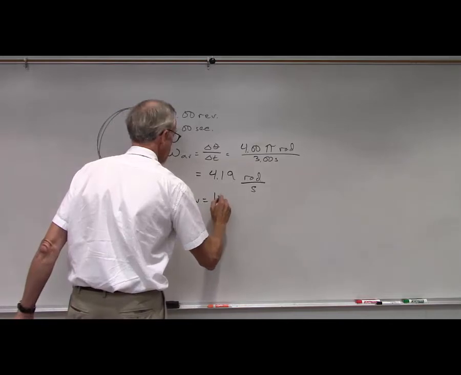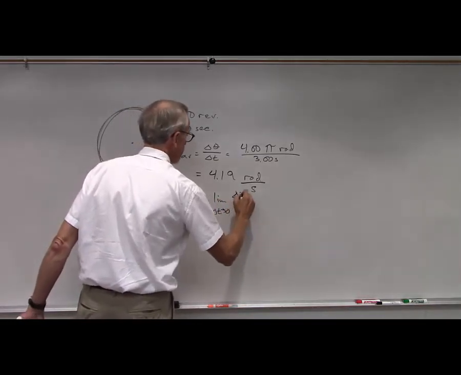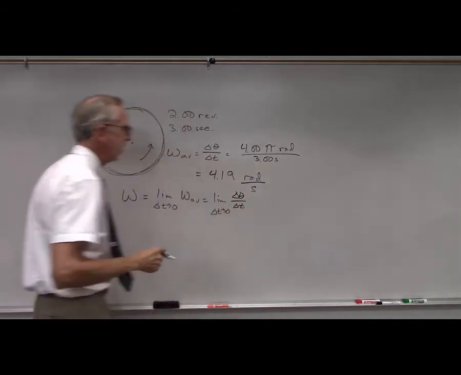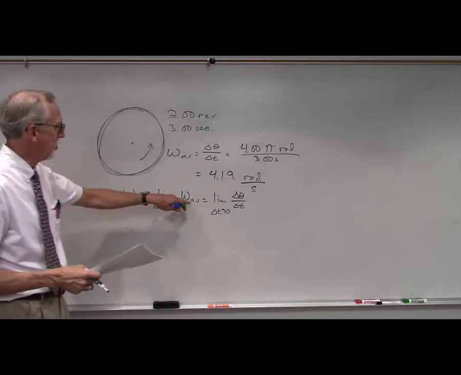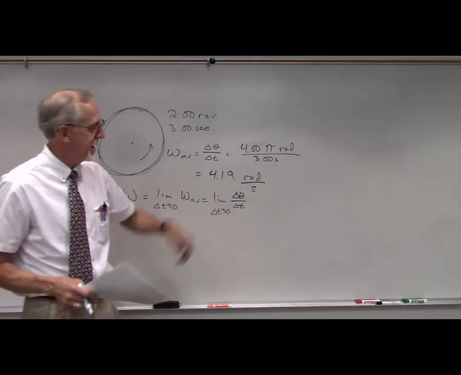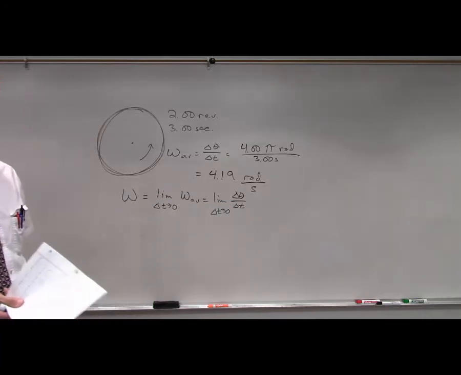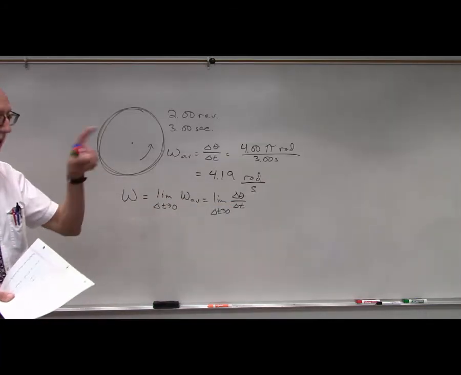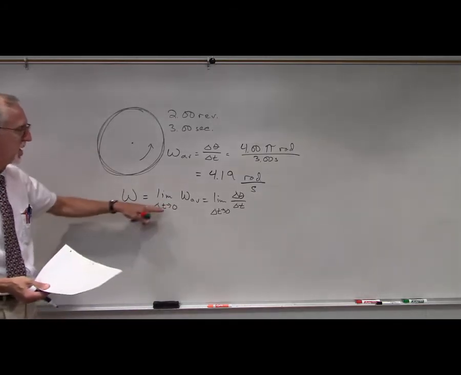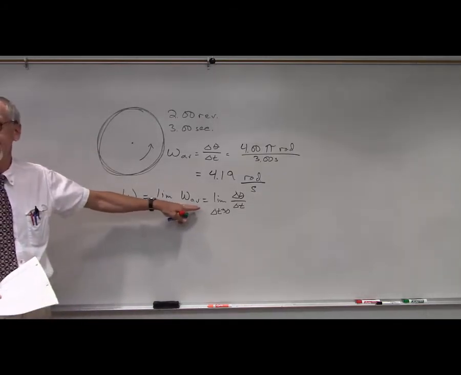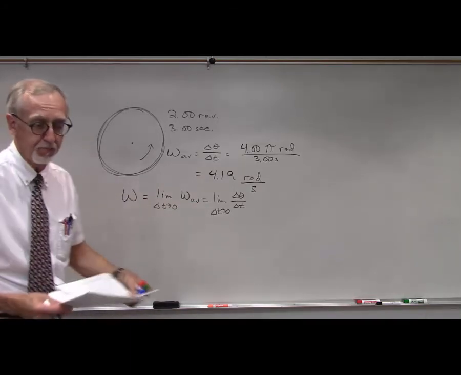In other words, the limit as delta t goes to 0 of delta theta over delta t. It's the same kind of trick that we used for instantaneous velocity. We've already used that idea in application when we looked at the centripetal acceleration for uniform circular motion. We're not going to actually stick any numbers in there, but conceptually the idea is exactly the same.